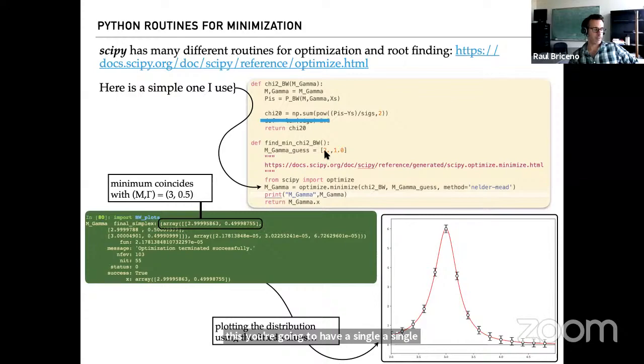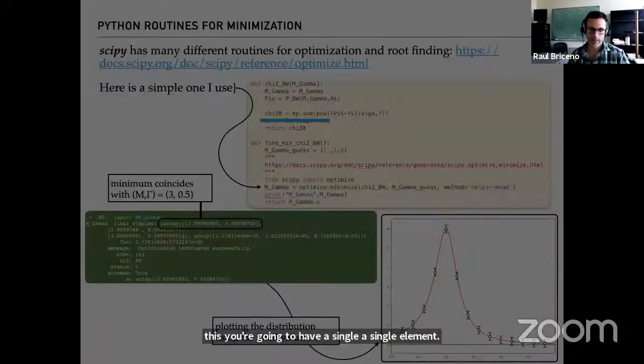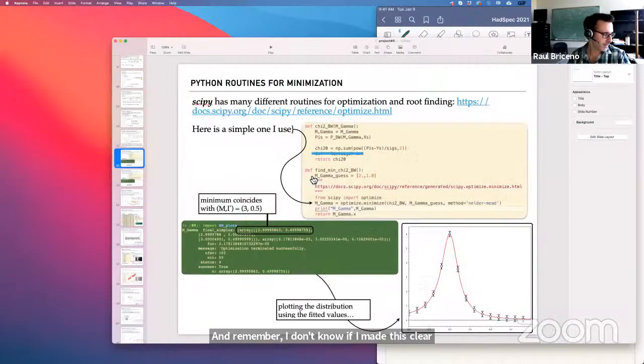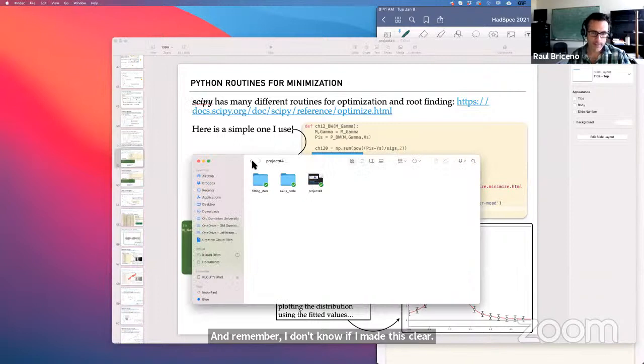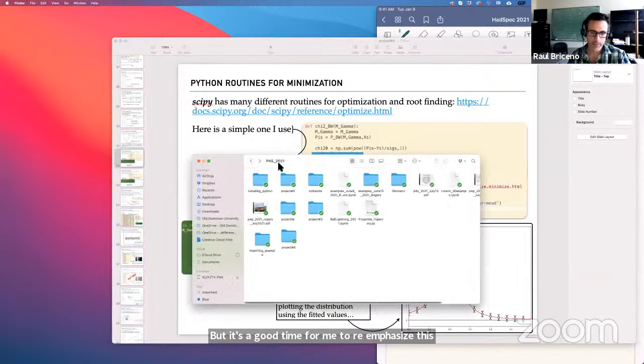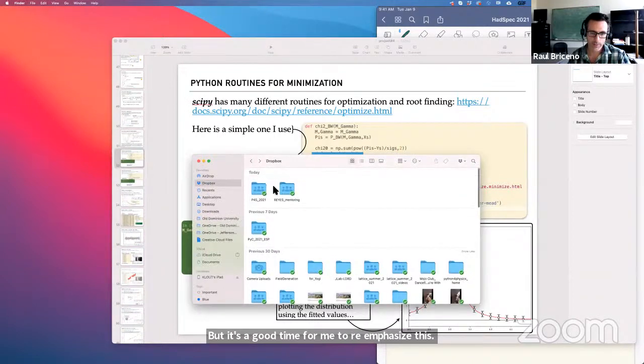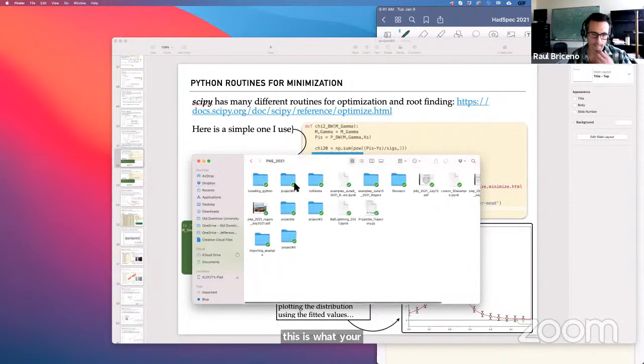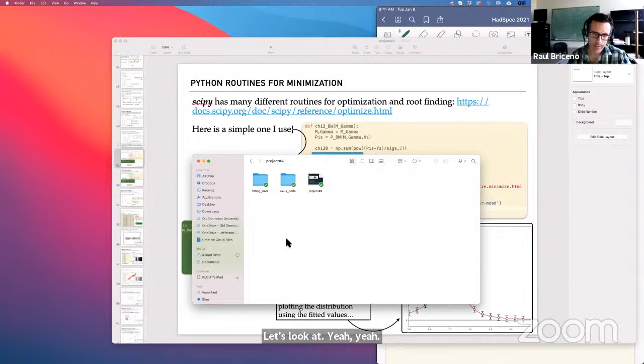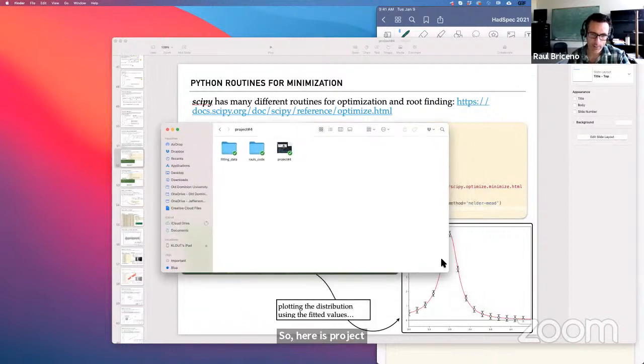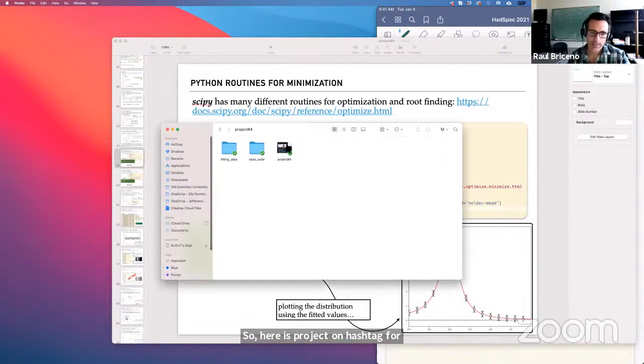And remember, I don't know if I made this clear, but it's a good time for me to re-emphasize this. Let's look at, here. So here is project number 4. The slides are there, right? Your data is here. This is the data that I'm giving you.